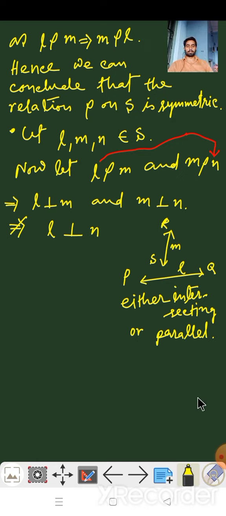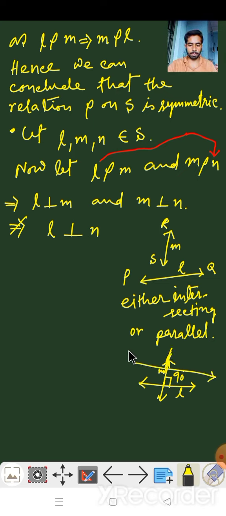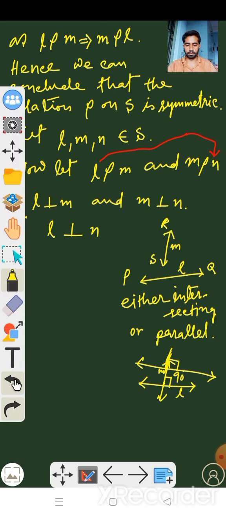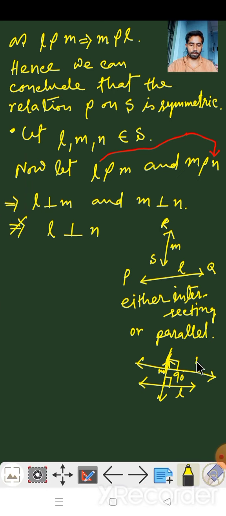If they intersect at a 90-degree angle, then we say that the lines l and m are perpendicular. If the angle between l and m is 90 degrees and between m and n is also 90 degrees, then this line l can't be perpendicular to line n.